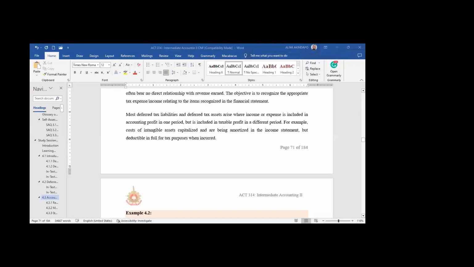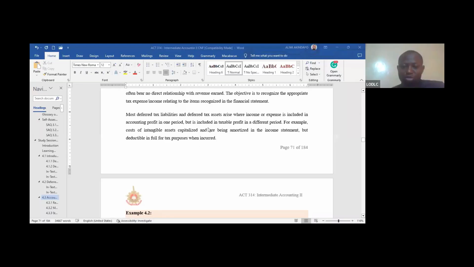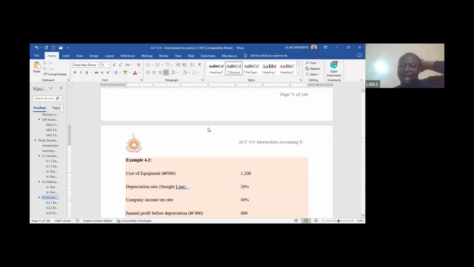Okay, what I'm trying to say here is that let's assume we have a particular company, titled, let's say, ODL Limited. And this company owns a machinery. That machinery is classified as an asset under IAS 16, that is property, plant, and equipment, and it's a non-current asset.